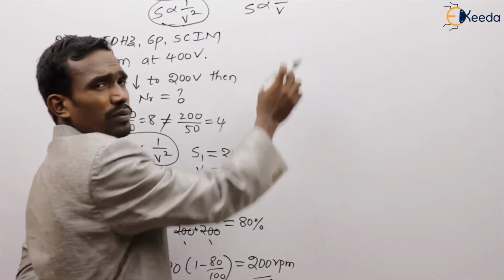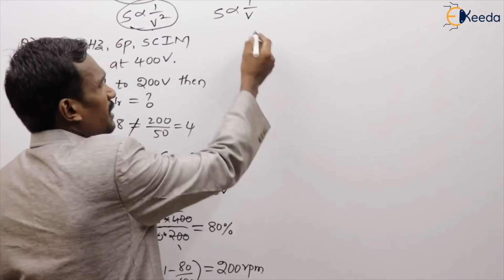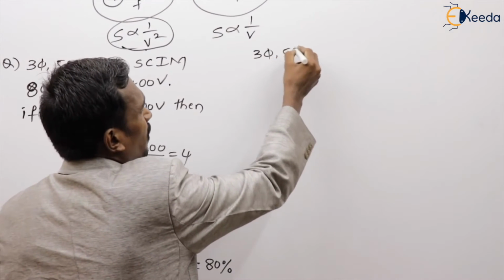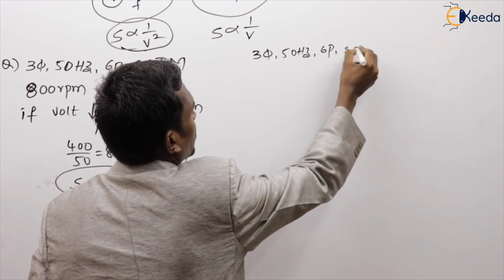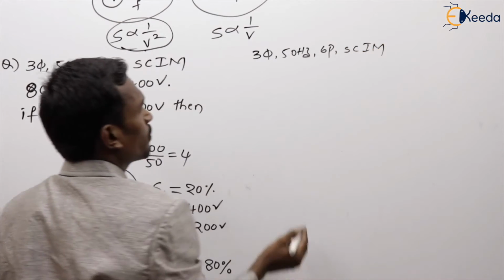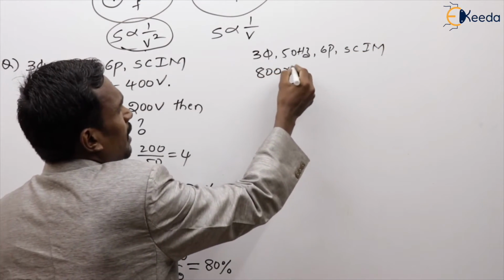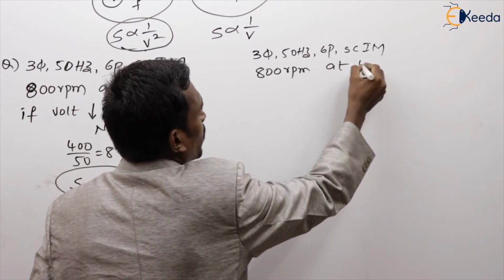What about this question? Same question I am taking. A three-phase, 50 Hz, 6-pole squirrel cage induction machine rotating at 800 rpm at 400 volts.